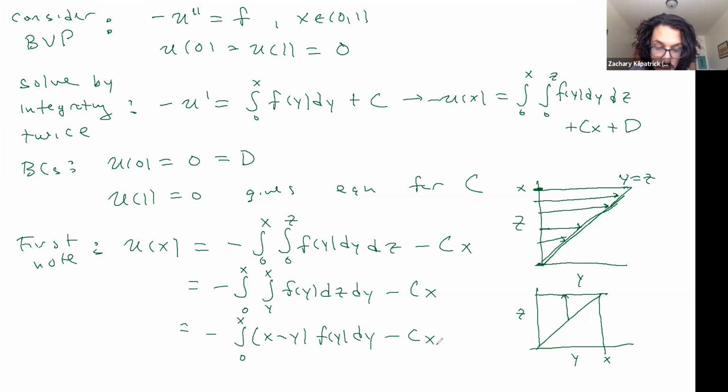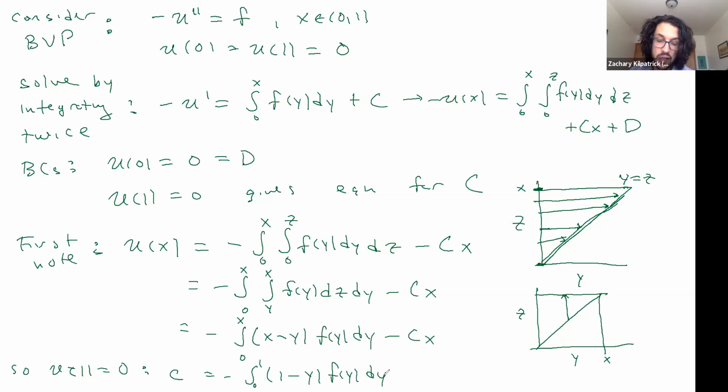All right, so that's good. So that means that u(1) equals 0 implies that c is equal to minus the integral from 0 to 1 of (1 minus y) f(y) dy.